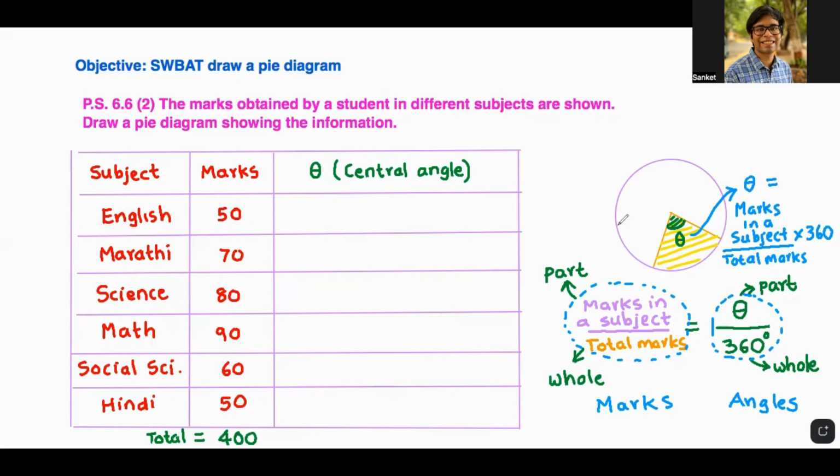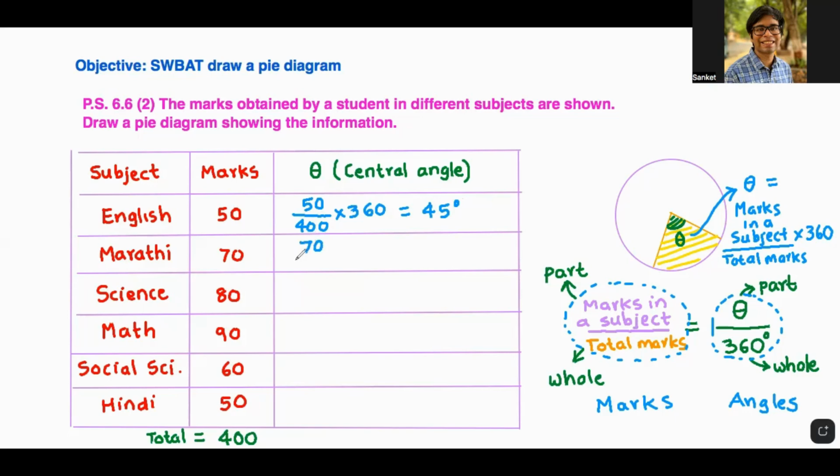So I'm going to use this formula now to calculate all of these central angles. So for English, it's going to be marks in English upon total marks, that is 400, multiplied by 360. So if I calculate this, I would get 45 degrees. And I will calculate the remaining angles similarly.